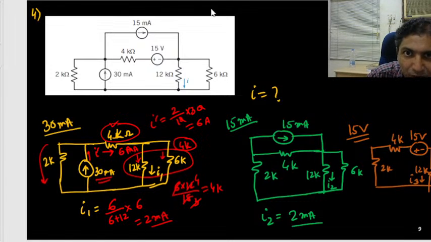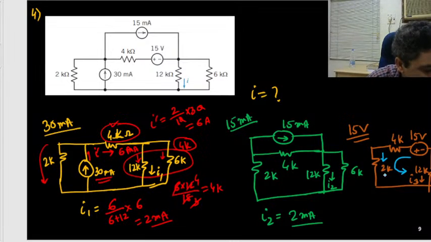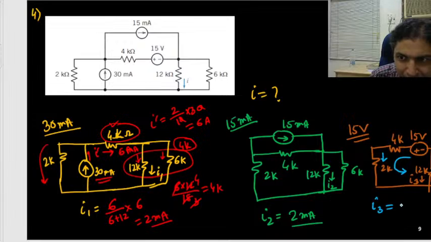This is the current flow, because at this terminal, this side current should flow. So first you can find the current here in this main branch. He is saying that I3 is 0.5, but it should be minus 0.5 milliampere, because of the opposite side.